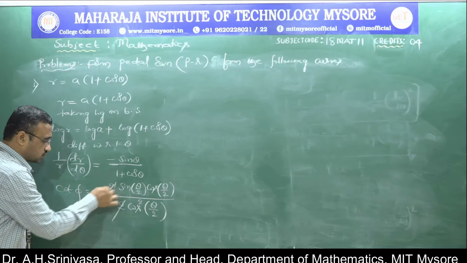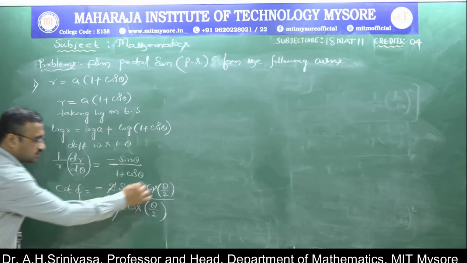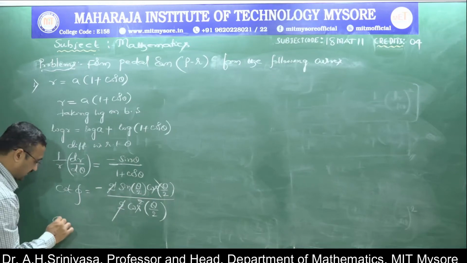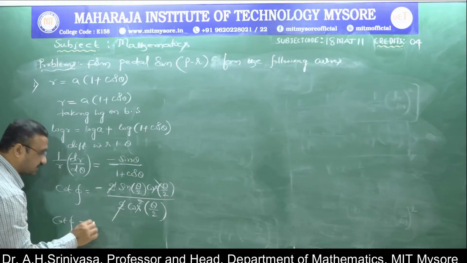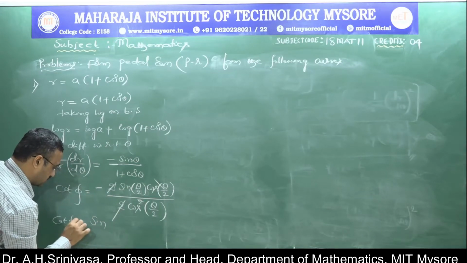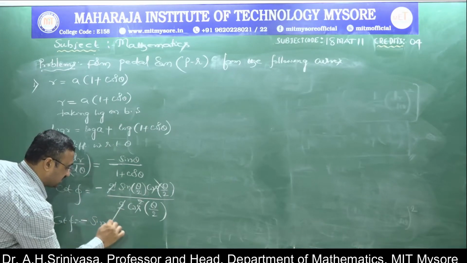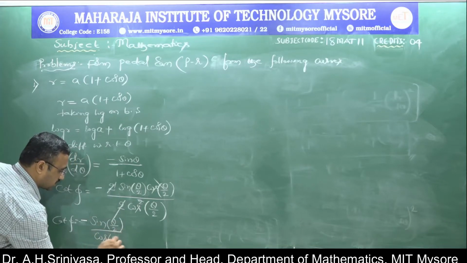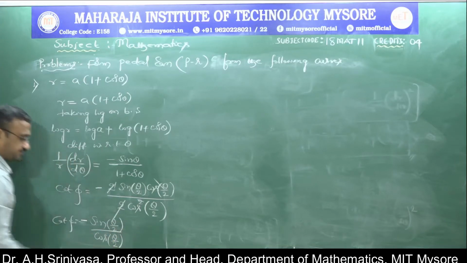Now these 2 and 2 will be cancelled, a cosine and 1 cosine will be cancelled, and finally we have cot phi equal to minus times sin theta by 2, whole divided by cos theta by 2.